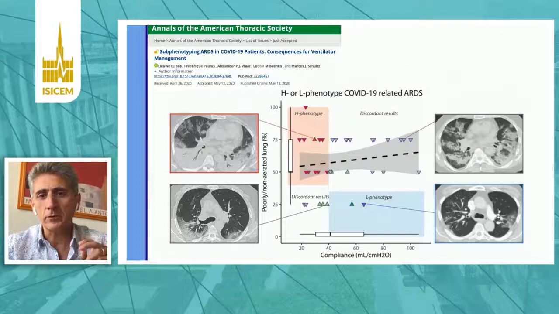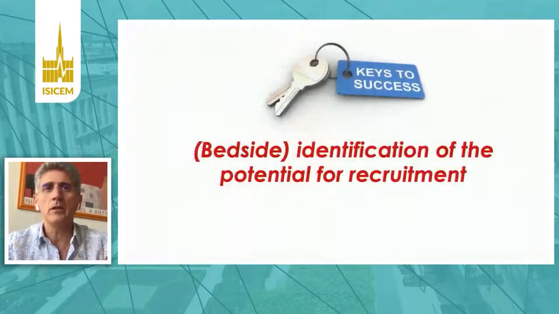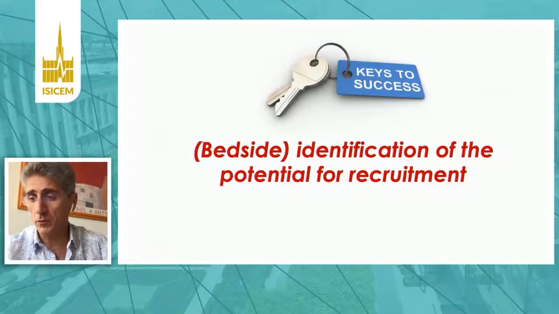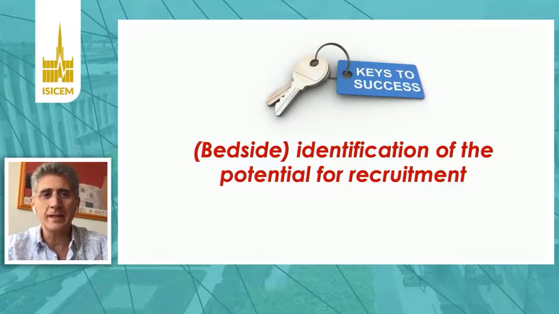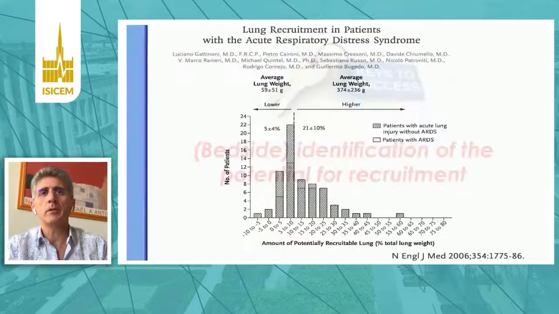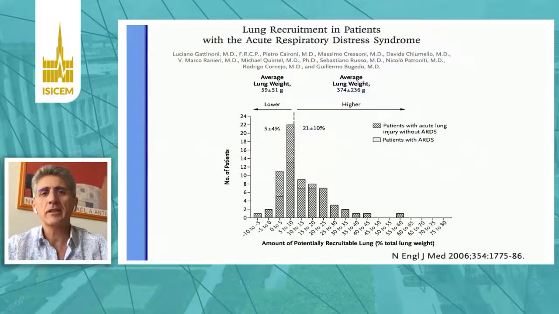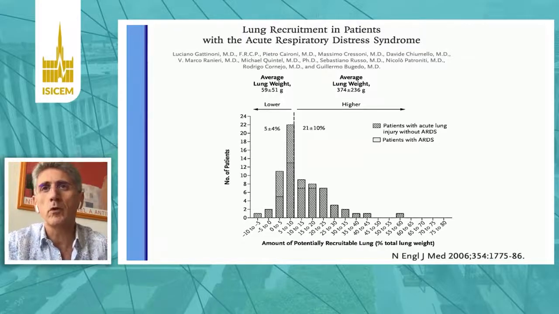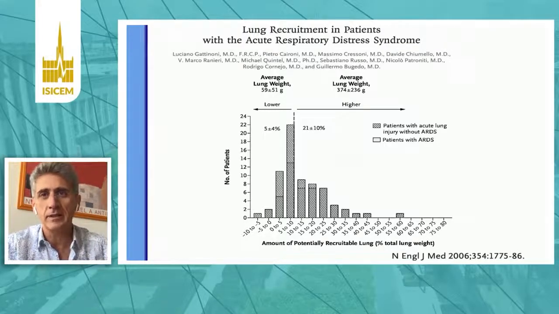This actually points out the fact that we really need to have tools to perform a bedside assessment of the potential for lung recruitment. And we've known for a very long time in ARDS patients that this potential for lung recruitment is extremely variable from one patient to another. Obviously, you will find a greater amount of potential recruitable lung in patients with ARDS as compared to patients with acute lung injury.